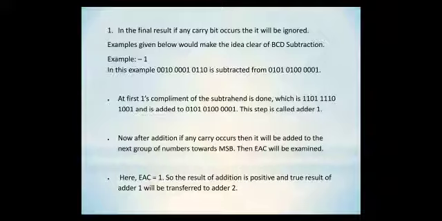The first example: we are taking two binary equivalent values and subtracting them. First we have to take the ones complement of the subtrahend. The first binary value is the minuend, and the second value is the subtrahend.